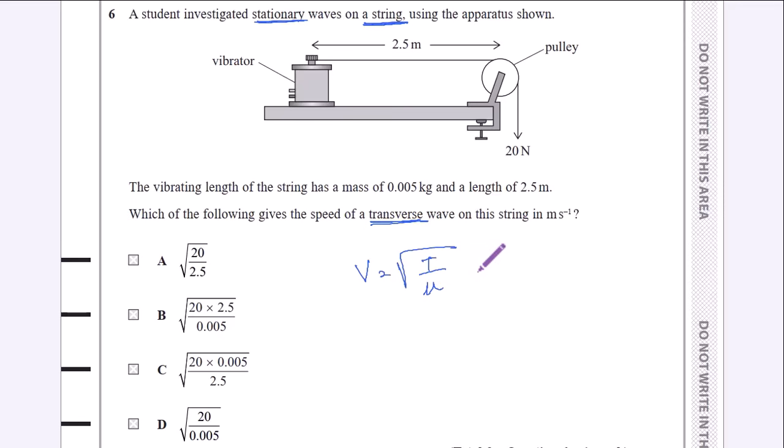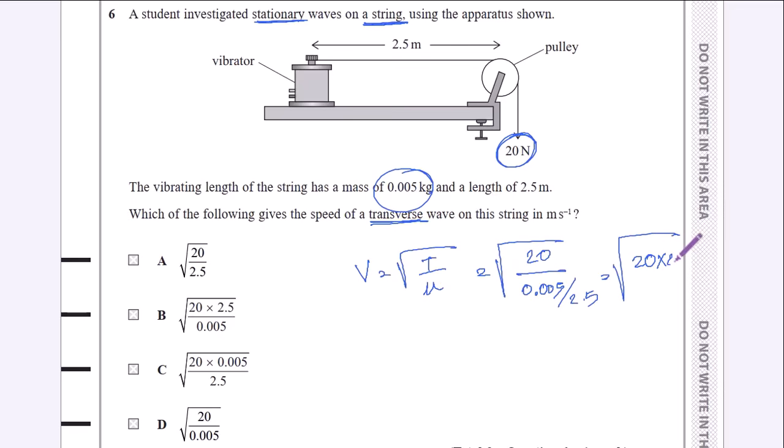So T would be the same as the load. So 20 divided by mu as in mass per unit length. Mass is 0.005 divided by length would be 2.5. So 2.5 goes up. So root over 20 into 2.5 divided by 0.005. Root over answer. Answer should be B.